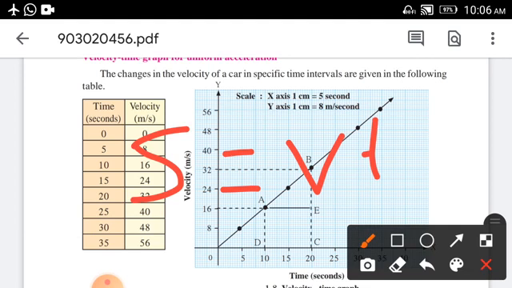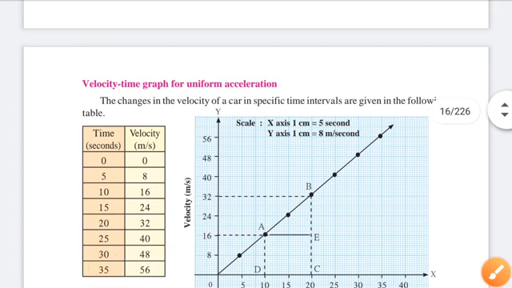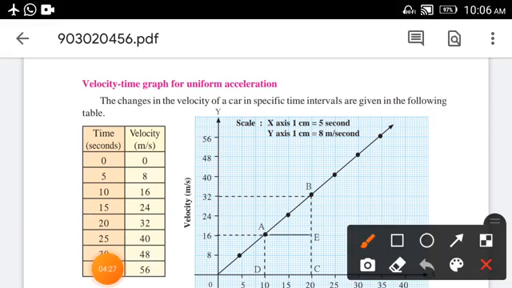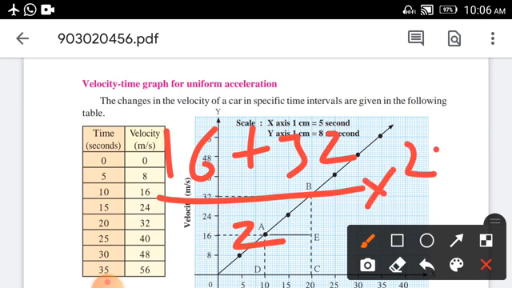Now average velocity, that means 16 plus 32 divided by 2, and time, that means 20 minus 10. After solving 16 plus 32 divided by 2 we get 24, multiplied by 20 minus 10, which is 10.